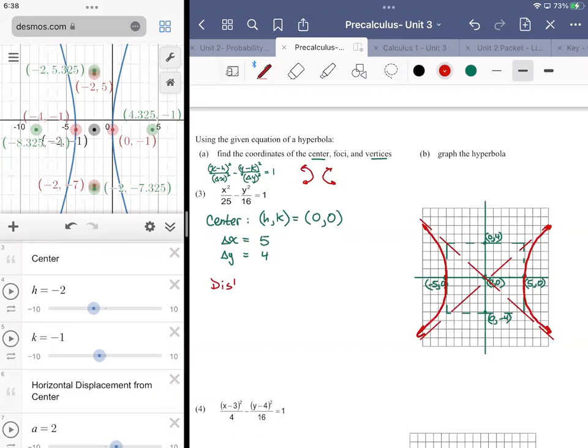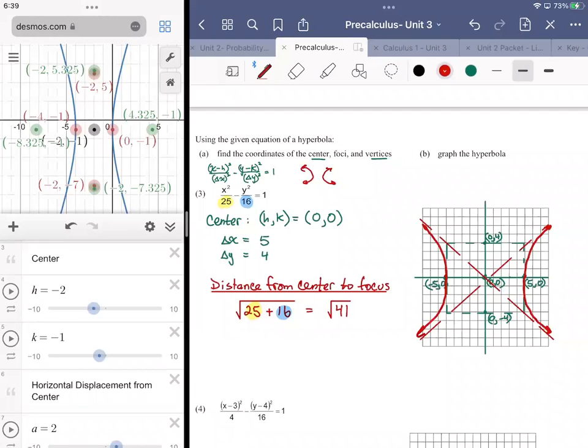The distance from center to focus is going to be the square root of the big denominator, 25, plus the little denominator, 16, right? So that gives me the square root of 41.